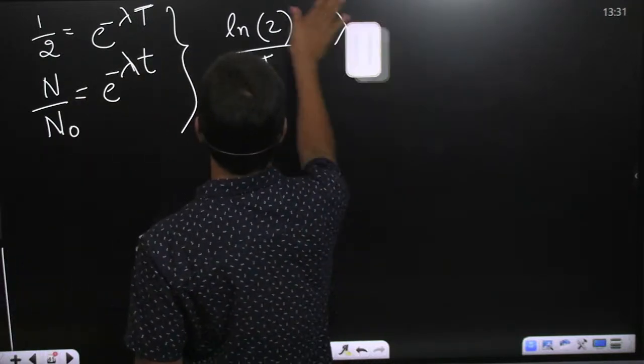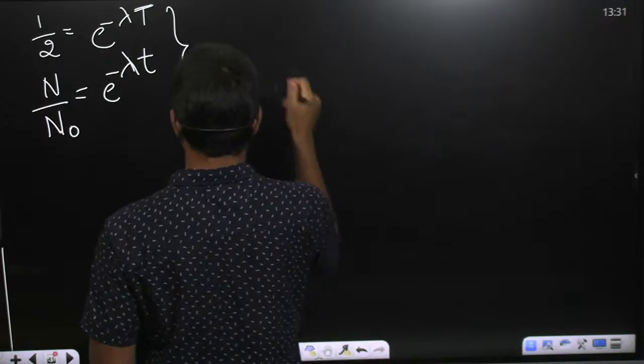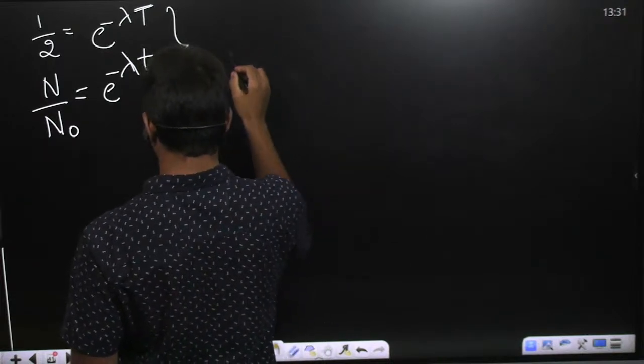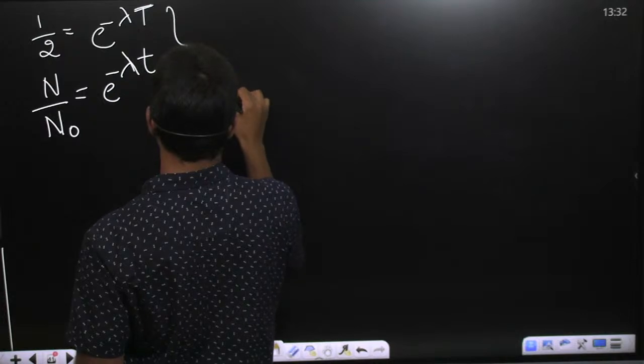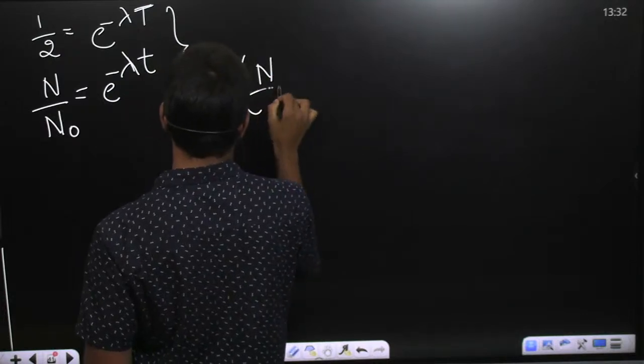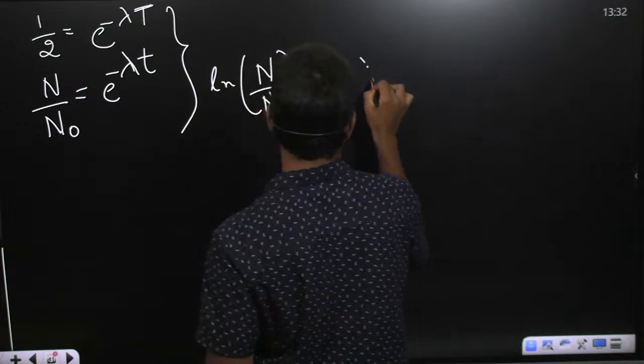Okay, let us not jump, let's go step by step. First let us apply ln to this: ln N by N naught is equal to minus lambda t.